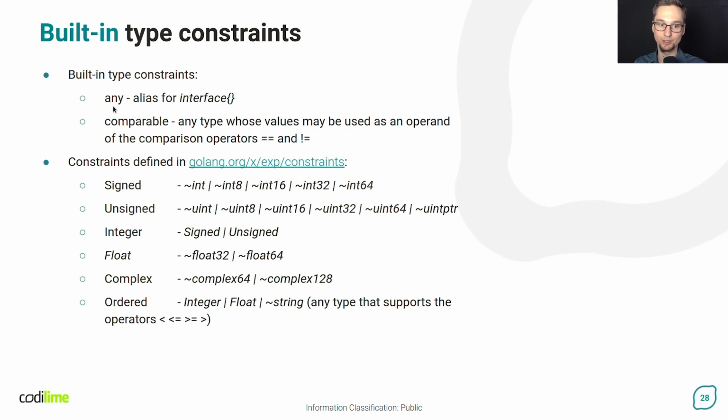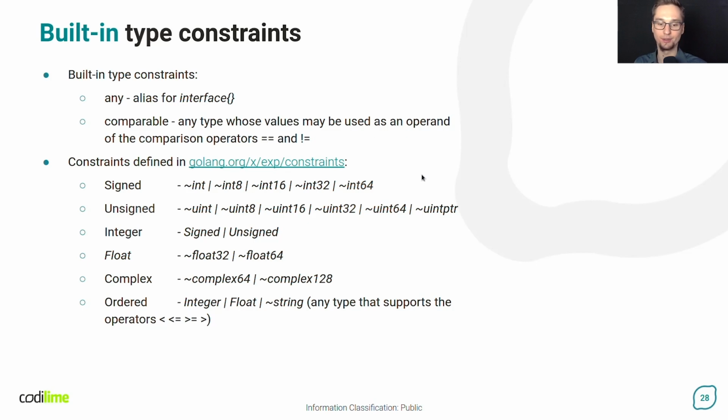But maybe in the future it might also be allowed in other places in the code. But this is another matter. And we have also the comparable type constraint, and it's basically implemented by all the types that support comparison operators, such as equal or not equal.